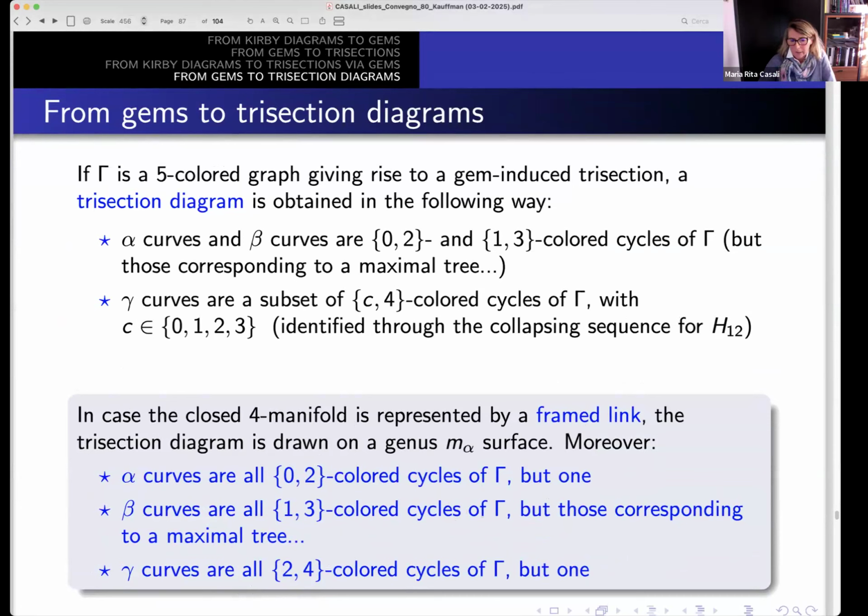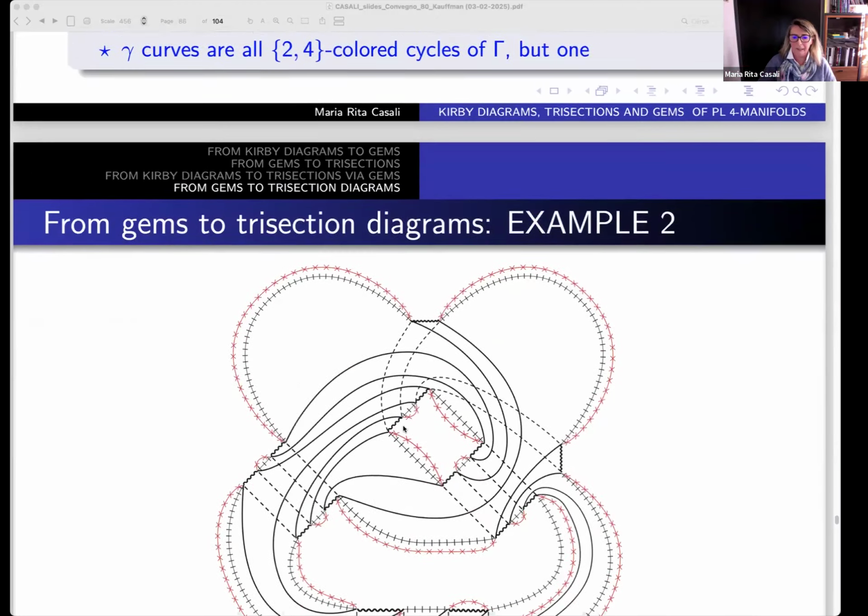And what is interesting is that this last result holds also in case the framed link represents a 4-manifold with boundary, thanks to a suitable extension of the notion of trisection diagram to simply connected 4 manifolds with connected boundary.